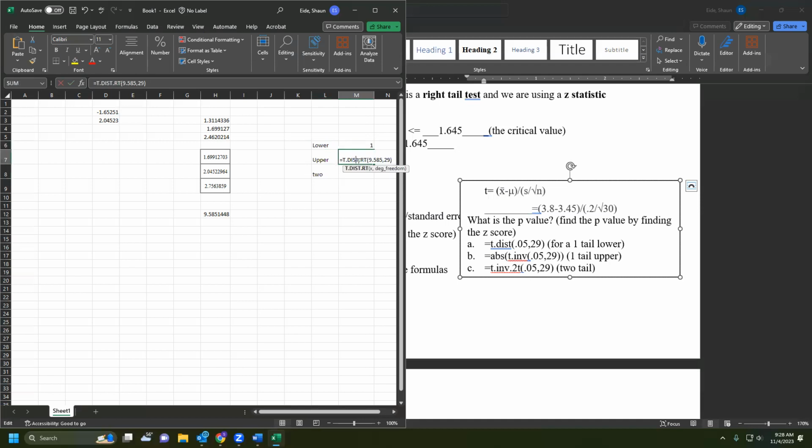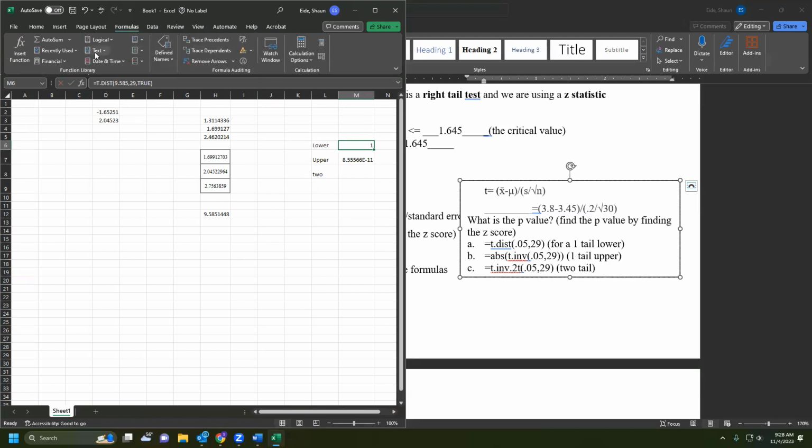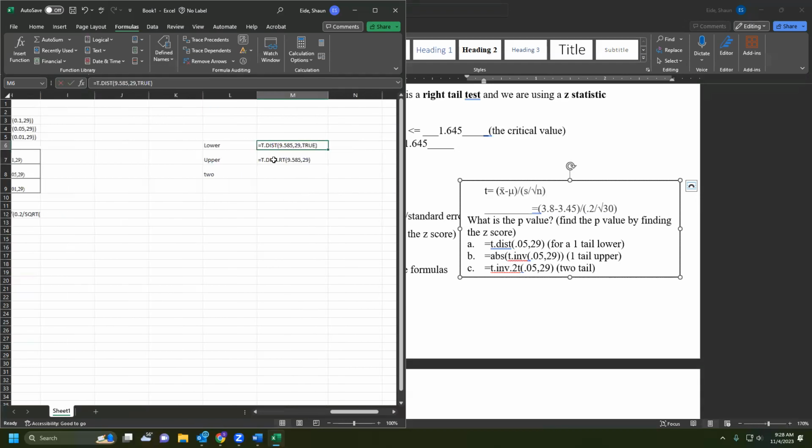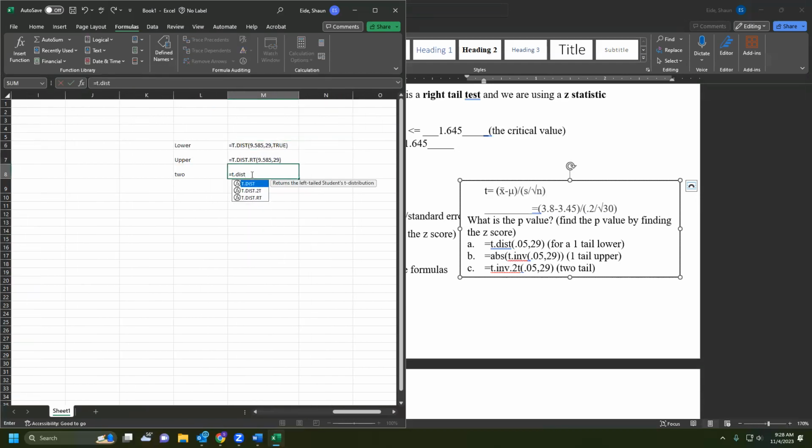Okay, and I'll show you the formulas, show formulas. There we go. And then equals t dot dist dot 2t, then 9.585 and 29.